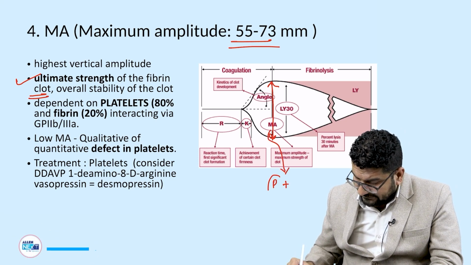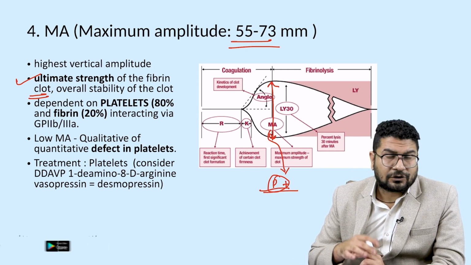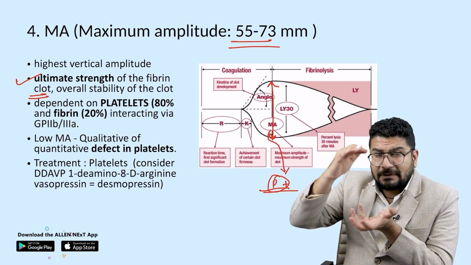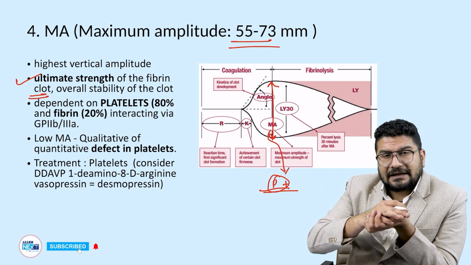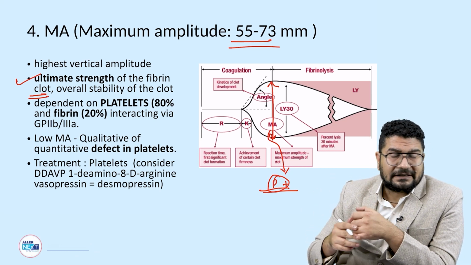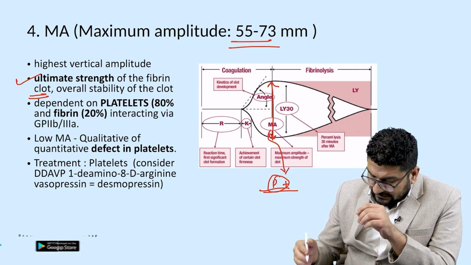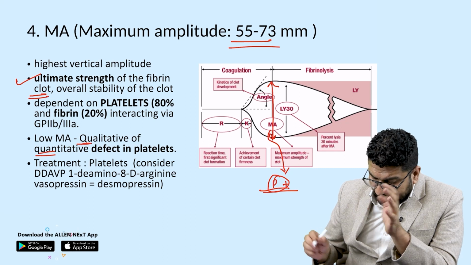So अगर platelet में कोई defect है, so it could be a qualitative defect or a quantitative defect. So it means then this maximum amplitude could not be achieved. ये उतना achieve नहीं होगा. So ऐसा कहाँ हो सकता है? It can be in platelet disorders like ITP, TTP, Bernard-Soulier, Glanzmann syndrome.